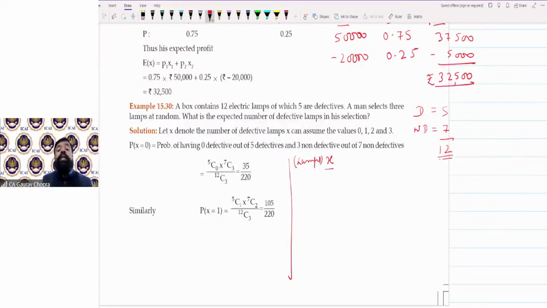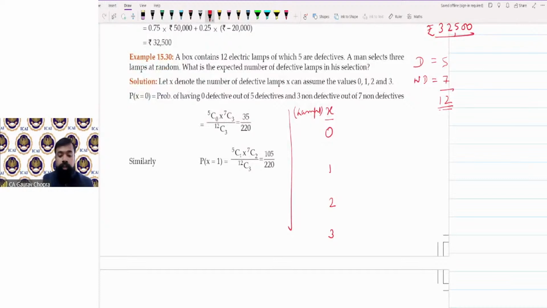So how many can be defective? It may be that 0 are defective. It can happen that 1 is defective, or 2 are defective, or 3 can also be defective. So these are all the possibilities. Now we have to write their respective probability. The first case is 0 defective. So 5C0, then 7C3, all 3 are non-defective, divided by 12C3.